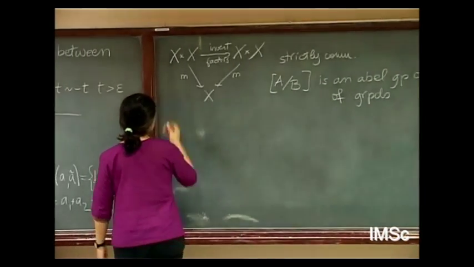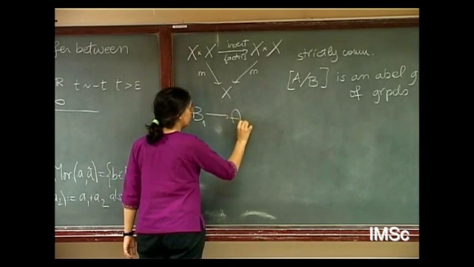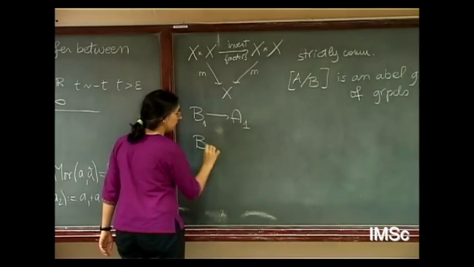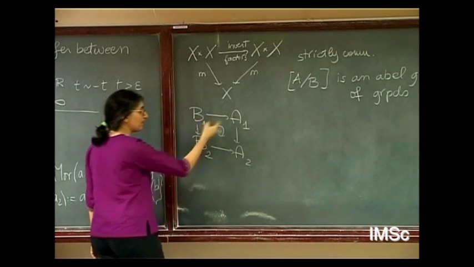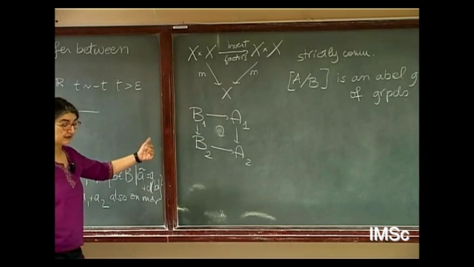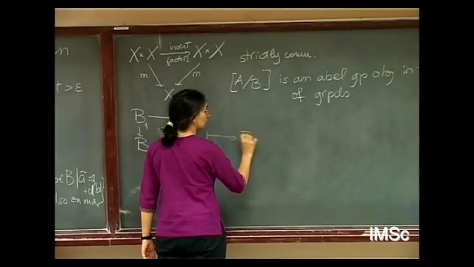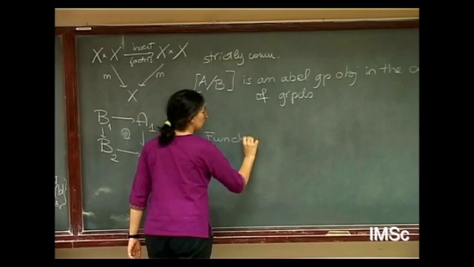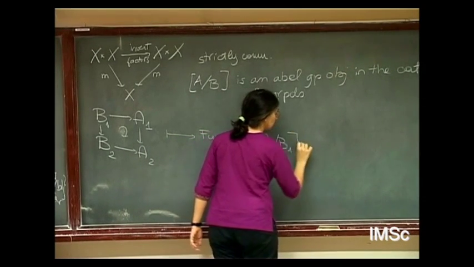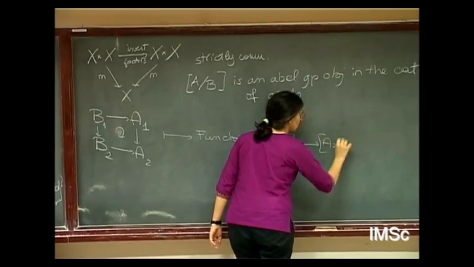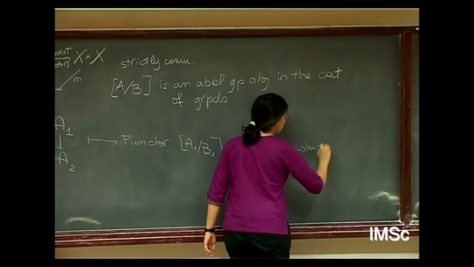And now, of course, you can keep doing exercises. For instance, you can check that given a commutative diagram, so remember, this is a morphism in the derived category of abelian groups, this induces a functor which respects multiplication.